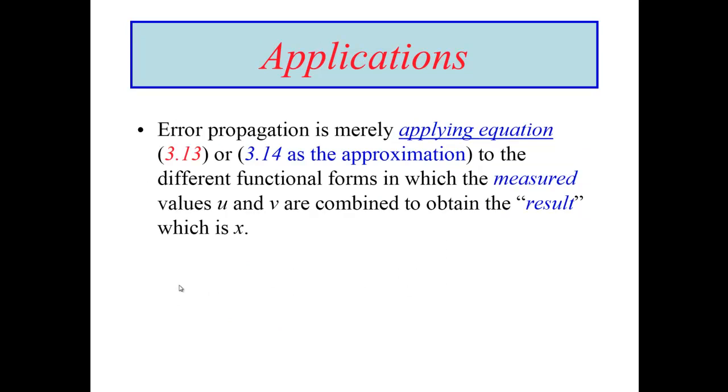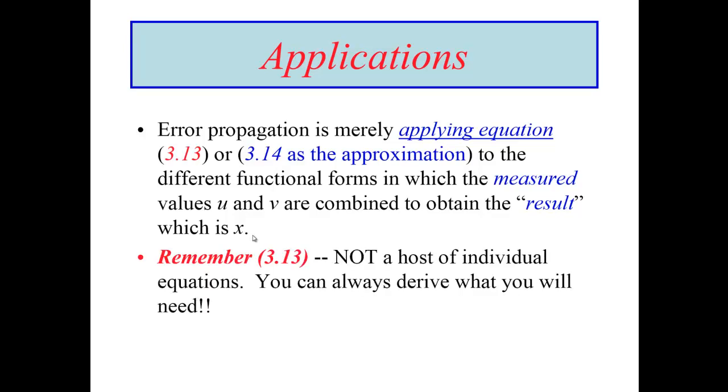Applications. Error propagation is simply applying these error propagation equations to the various functional forms in which the measured values of u and v combine to give us the result that we're interested in, which is x. The example I gave earlier was the volume of some kind of rectangular solid, and we'll do examples of this in class.